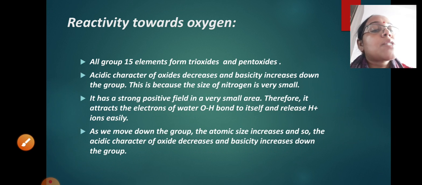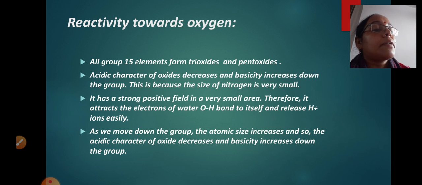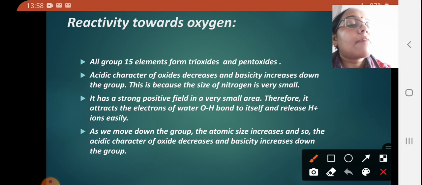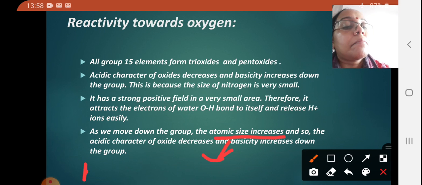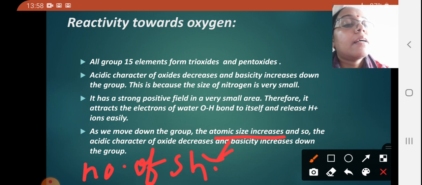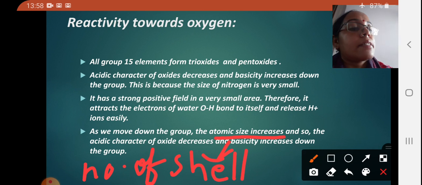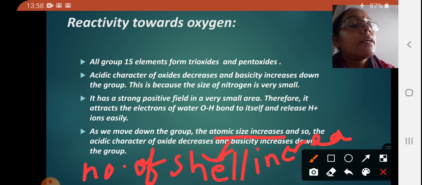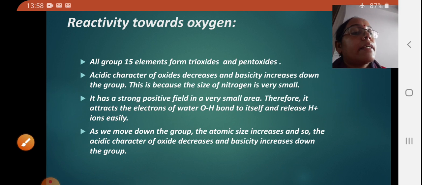As we move from top to bottom in the group, the atomic size increases. You all know why the atomic size increases. Because the number of shells increases, and that is why the atomic size increases.